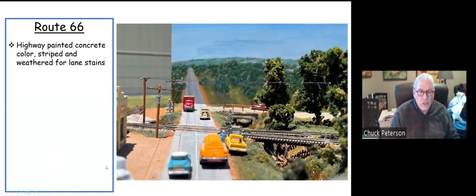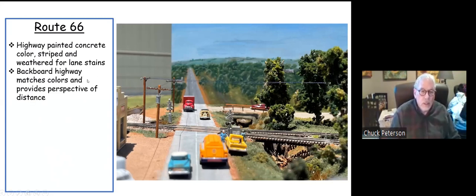Here's Route 66. We painted the highway kind of a concrete color and got it striped. I think Lee was the one that did that. I weathered the lanes with some stains from oil drippage that might have come off of vehicles. The backboard here, you can see as a continuation of this.